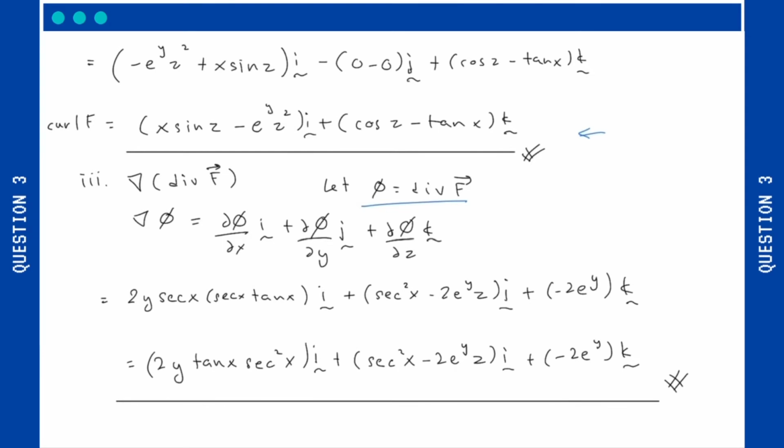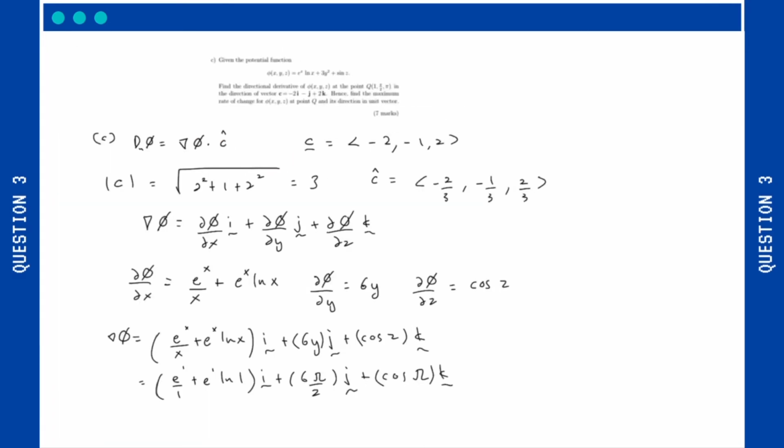So you remember, del phi means gradient of phi, right? So we simply use this formula. Differentiate the function with respect to x, with respect to y, and with respect to z, and finally you will get this as the answer.